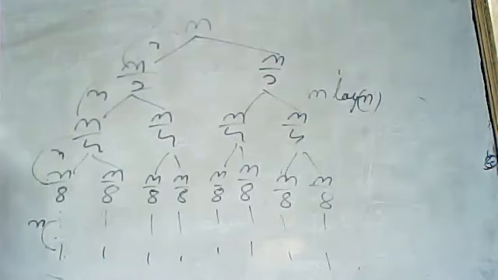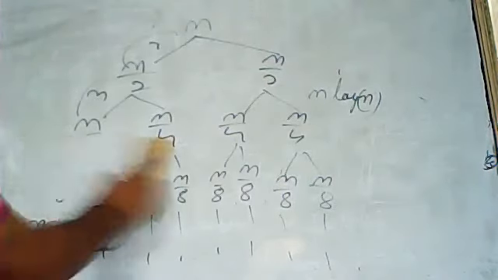Or you can consider it this way. In this case, every node has two children, so the log base will be 2 here.